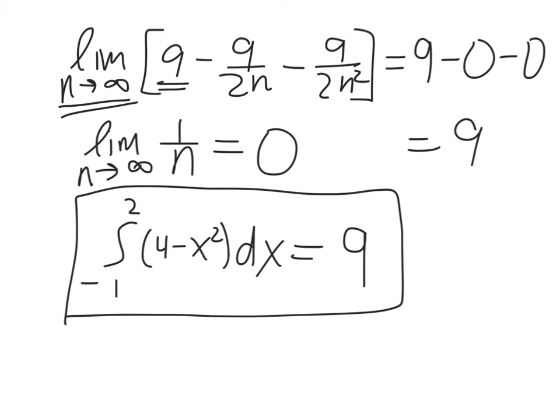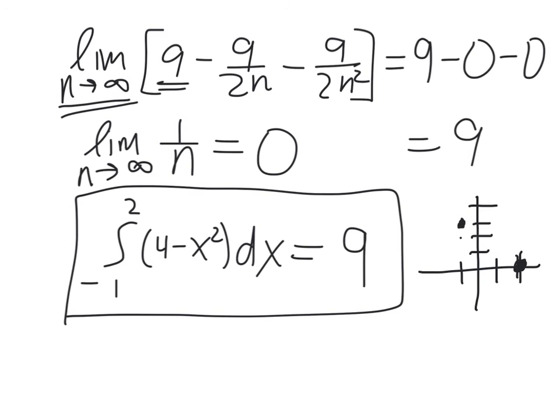Integration like this, one of the easiest illustrations is that this is the area under this curve from -1 to 2. And we actually started out this way, -1, 3.